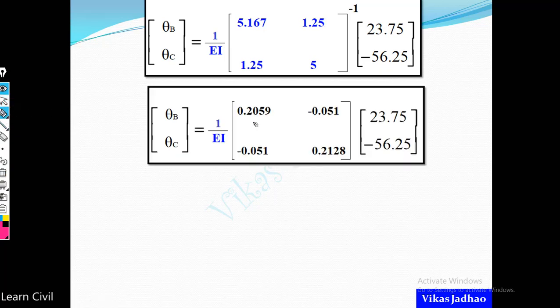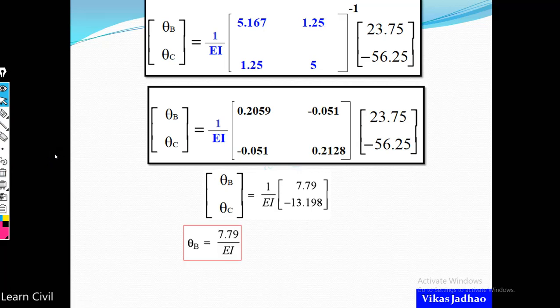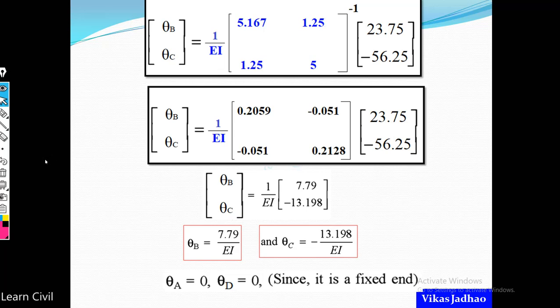Now just multiply these two matrices, we get the values of theta B and theta C. So theta B is equal to 7.79 divided by EI, and theta C is equal to minus 13.198 divided by EI. At the same time, theta A and theta D will be 0 because these are fixed supports.